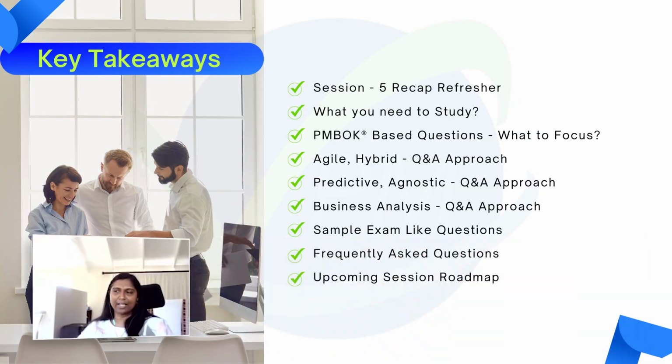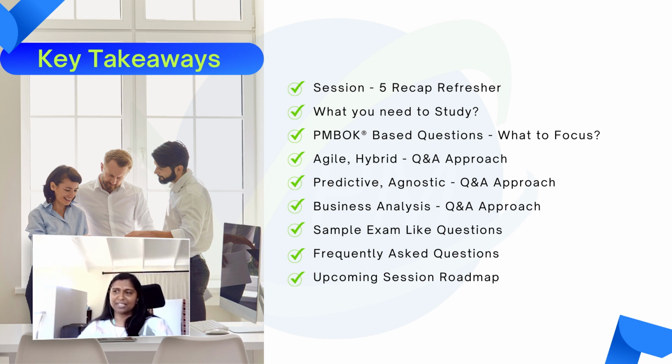Okay, so key takeaways. Normally we do a recap or refresher, so we'll do that for what we've covered in the previous session, which is session 5. We'll also take you through what you need to study. We've got some PMBOK based questions. Also in terms of the Agile, hybrid, predictive, agnostic QA approaches.